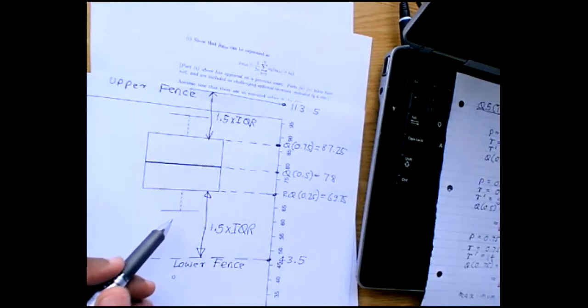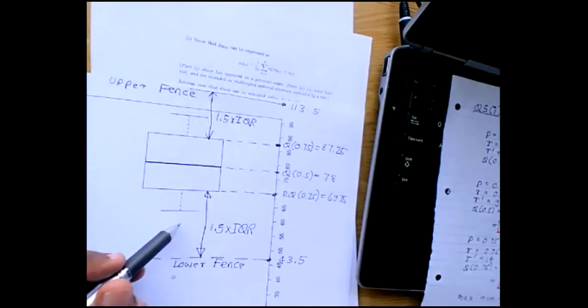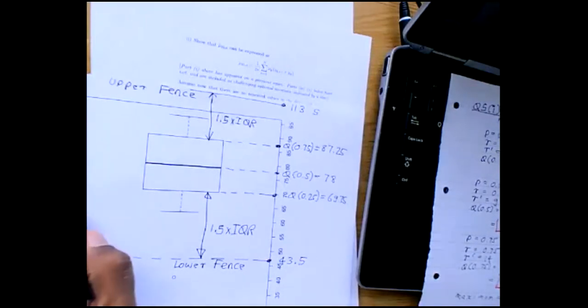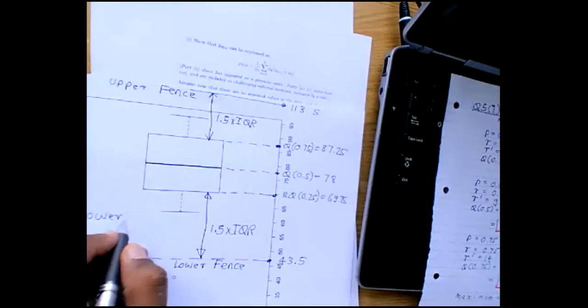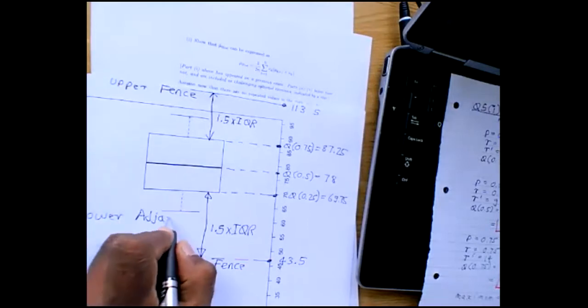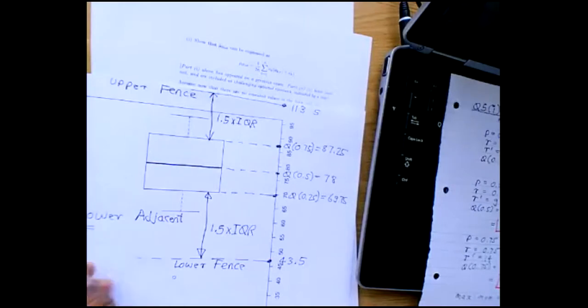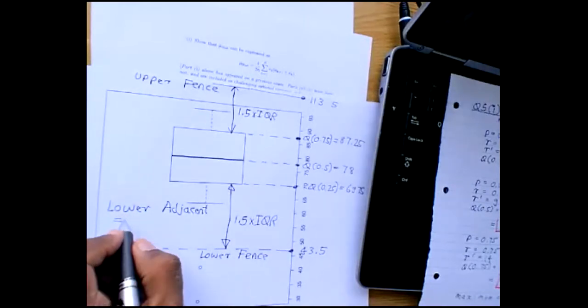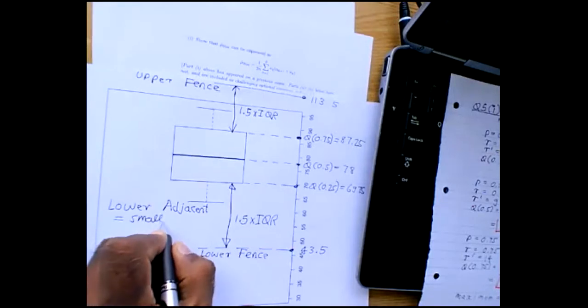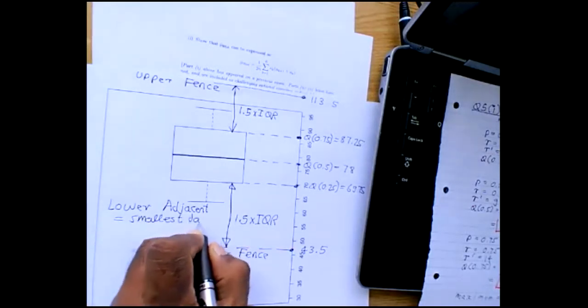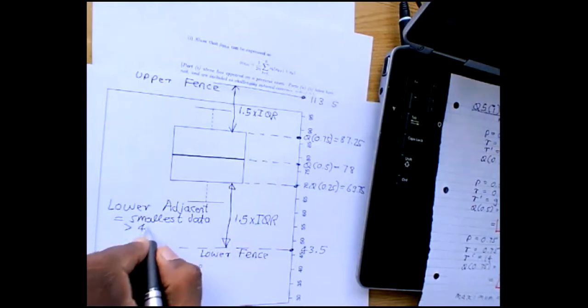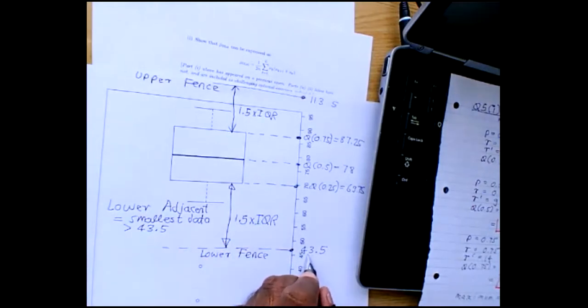Now, let's get back to this one. This is known as the lower adjacent. The lower adjacent is basically the data value that is just above the lower fence. In other words, the lower adjacent is defined as the smallest data value that is greater than 43.5. 43.5 is the lower fence, right?